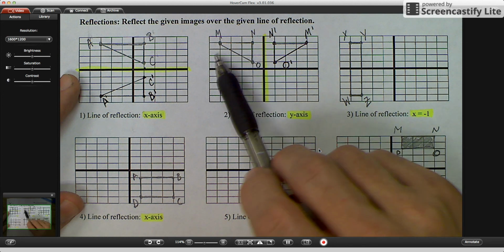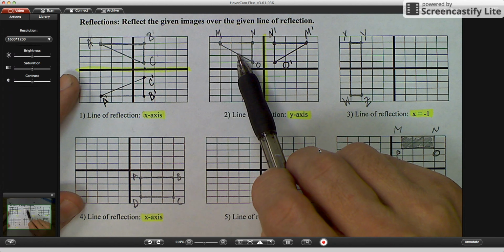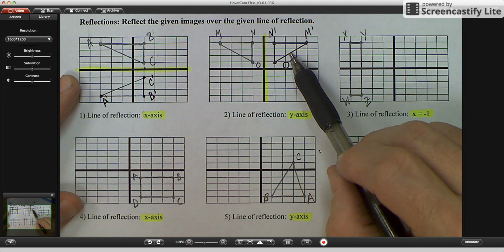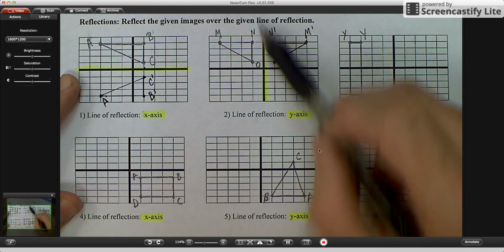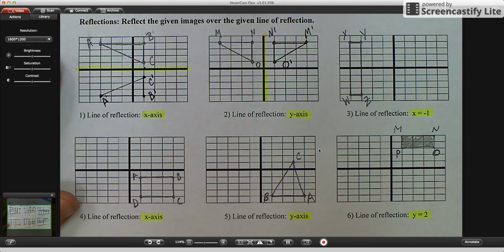Pre-image, triangle MNO, image M prime, N prime, O prime. And it was reflected across the y-axis.